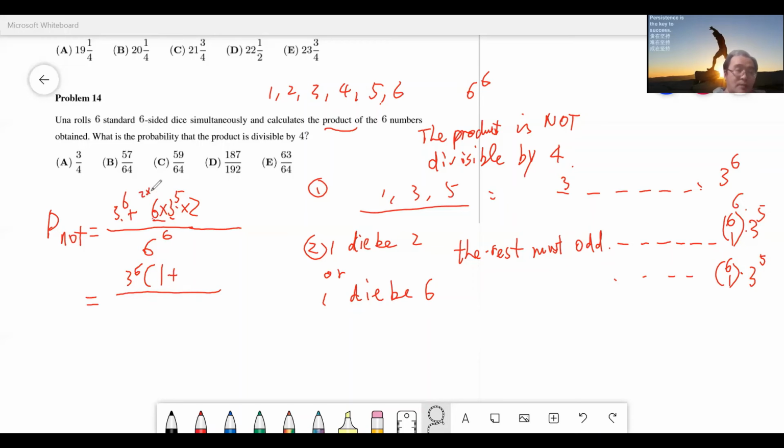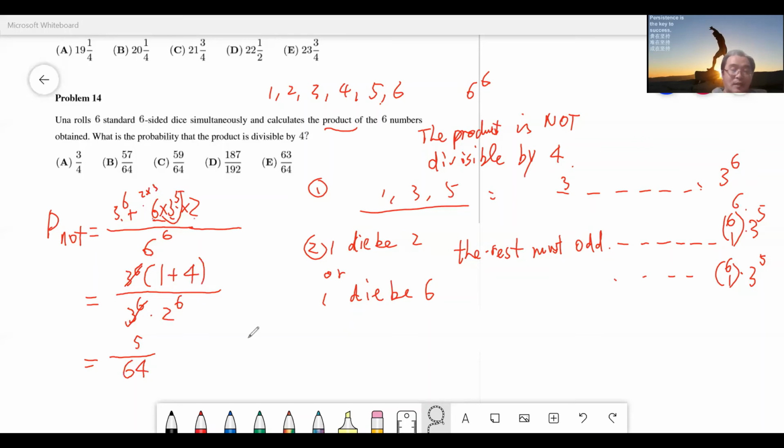This is actually 3 times 3, so this gives us 3 to the power 6. We have 2 times 2, which is 4. The bottom one, we have 6 to the power 6, which we write as 3 to the power 6 times 2 to the power 6. Now you can see this cancels. We find this equals 5 over 2 to the power 6, which is 64.